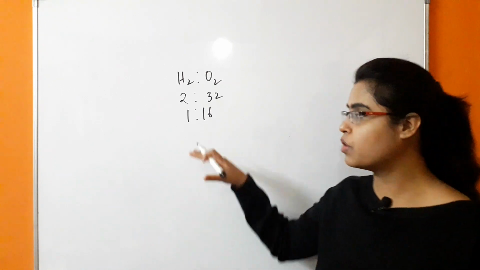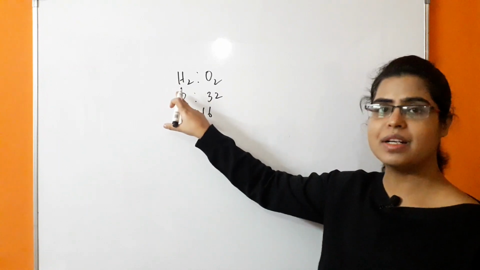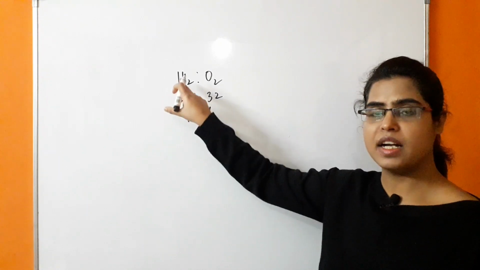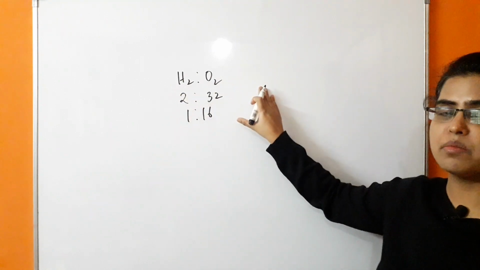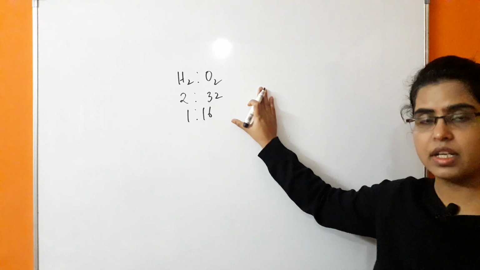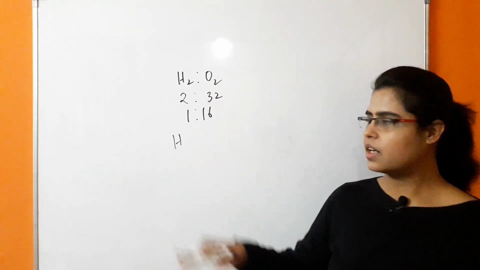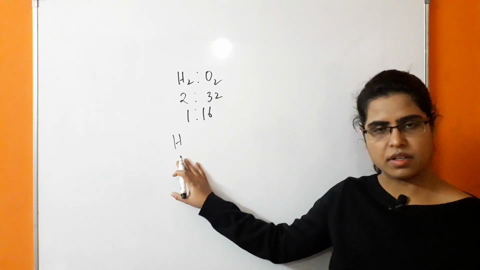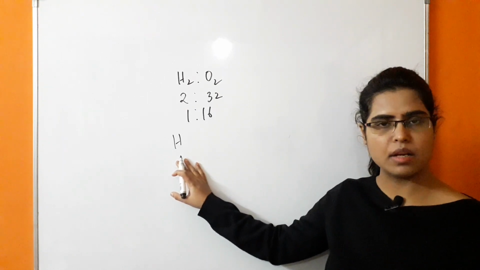With the help of relative atomic mass, we can take one element as a reference atom and, by comparing the mass of that element, determine the mass of other elements. So this is called relative atomic mass. In the beginning, hydrogen was used as a reference atom to determine the relative atomic mass of other elements.